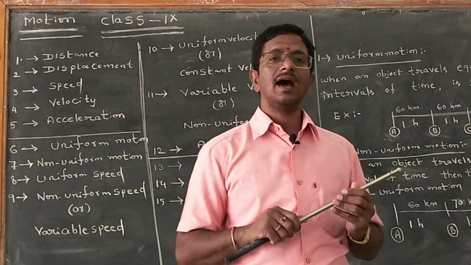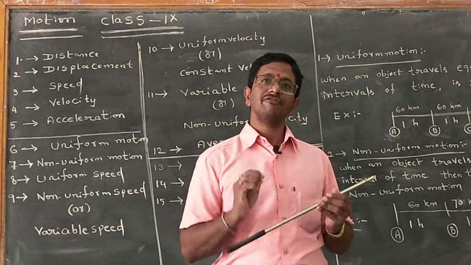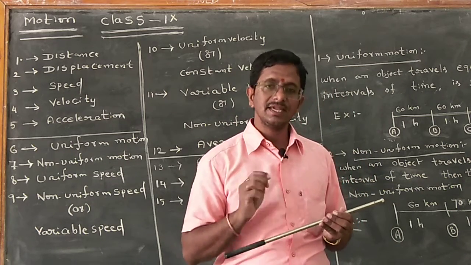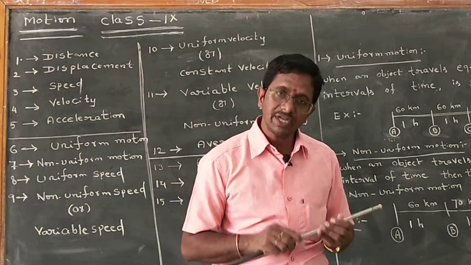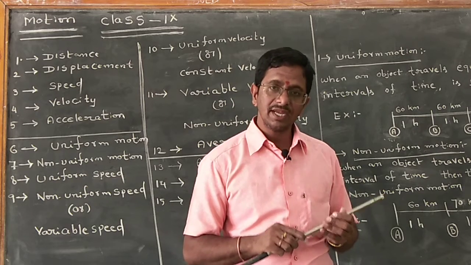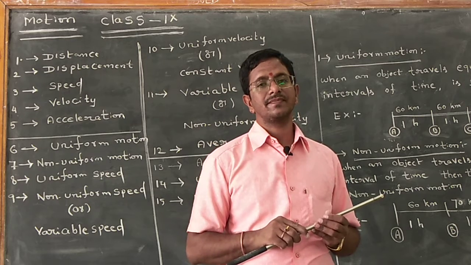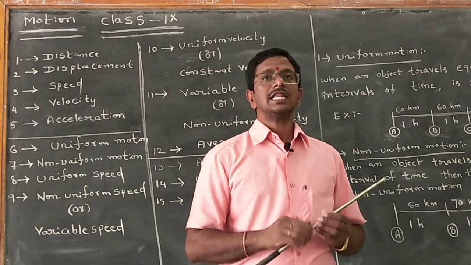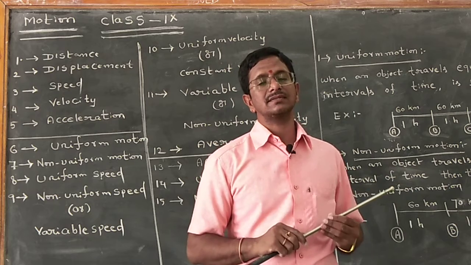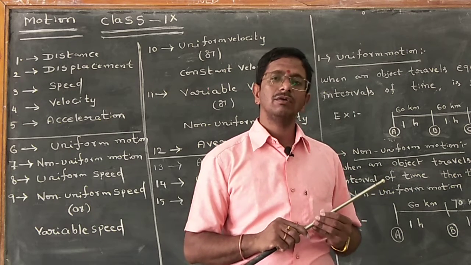Once again, when there is relativity between two objects, then the position difference is called motion.